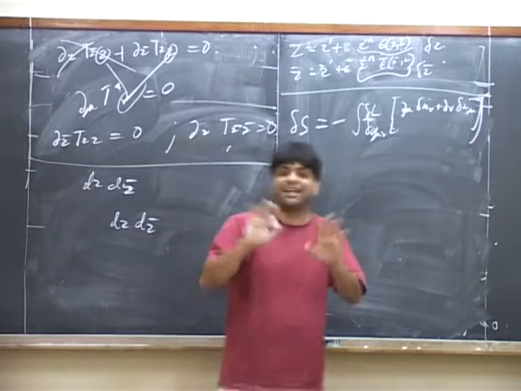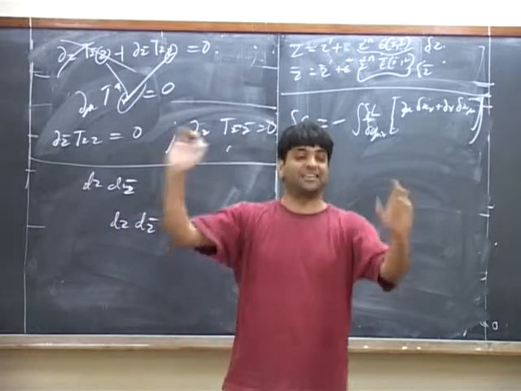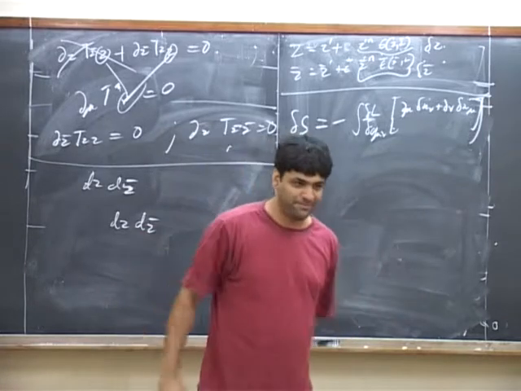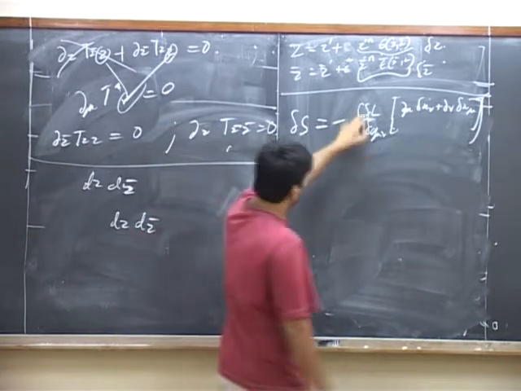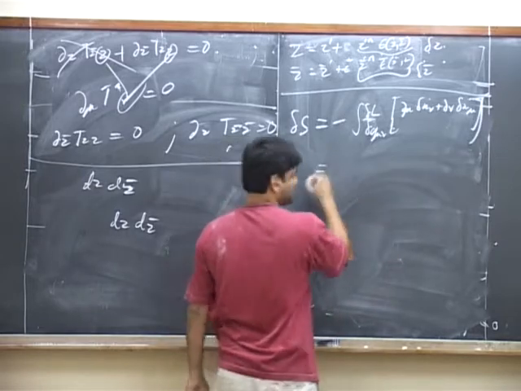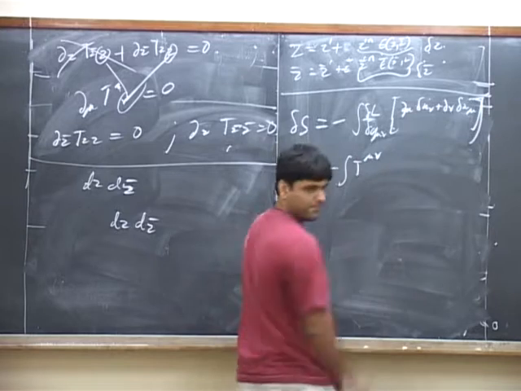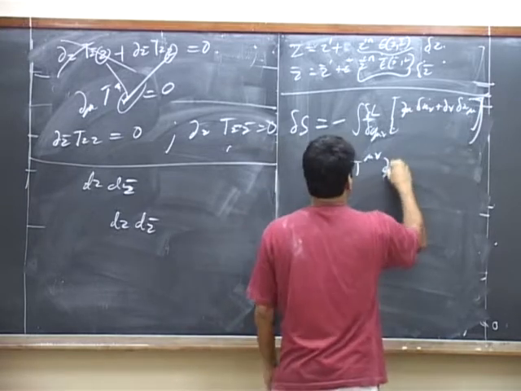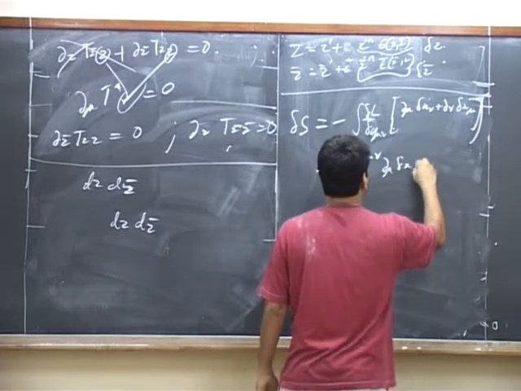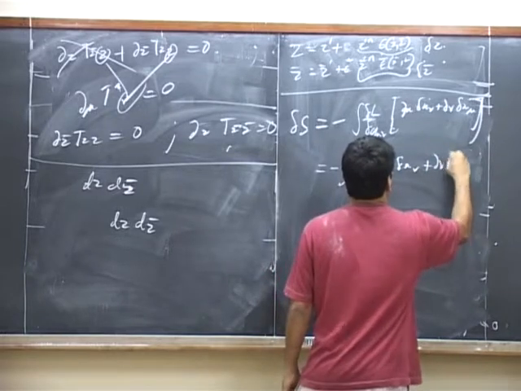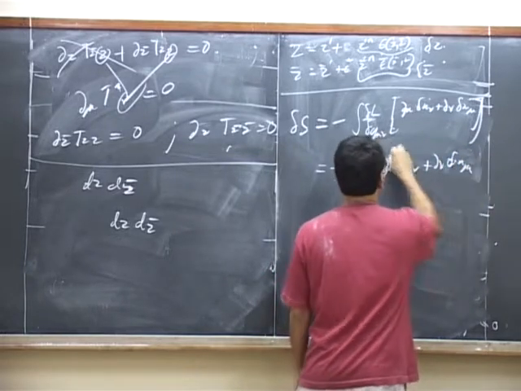But let's always work in flat space, so we don't have to get the square root g factors. Now this, by definition, is minus d mu nu of del mu delta x nu plus del mu delta x.